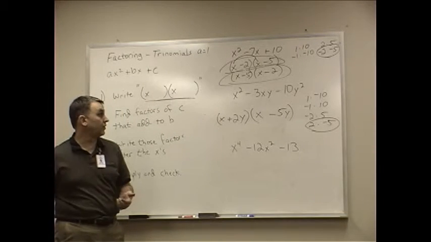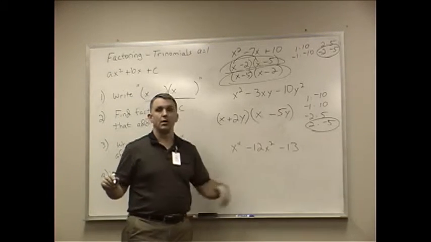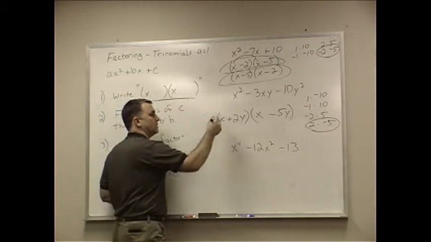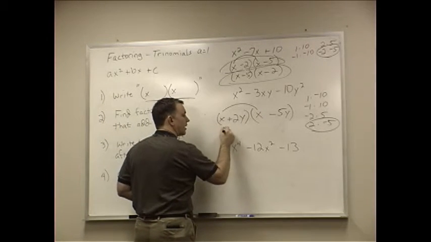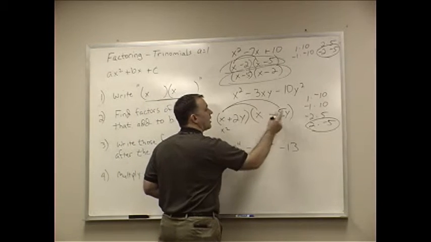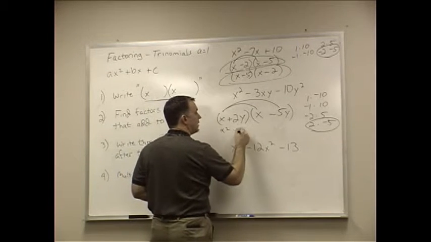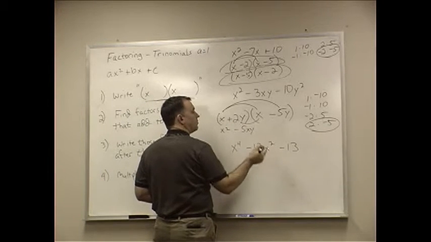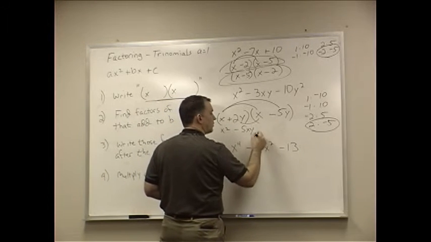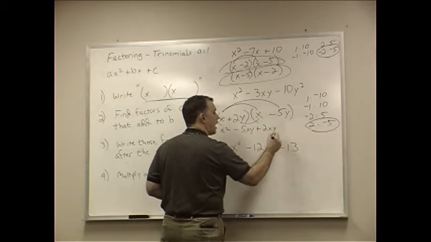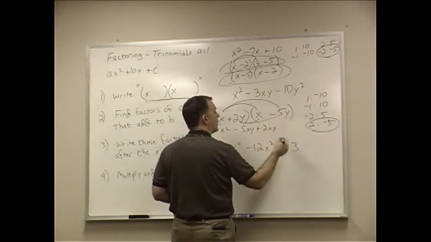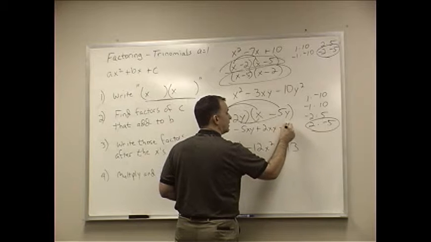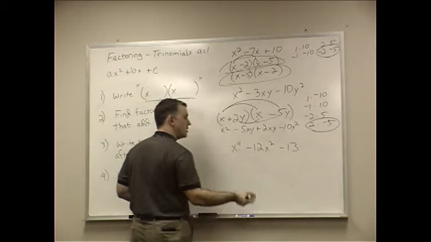Now I want to go ahead and check this because I want to show you that the middle term will work out just fine. x times x, x to the second. x times negative 5y, negative 5xy. 2y times x, positive 2xy. 2y times negative 5y, negative 10y squared.